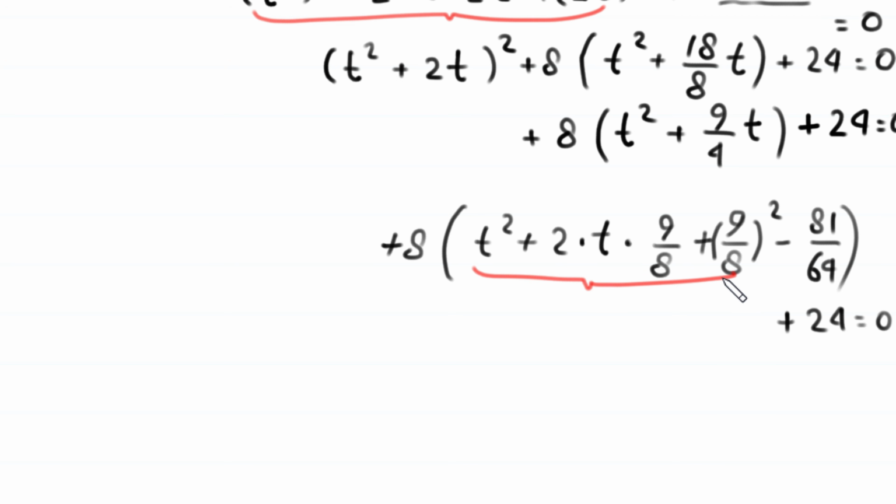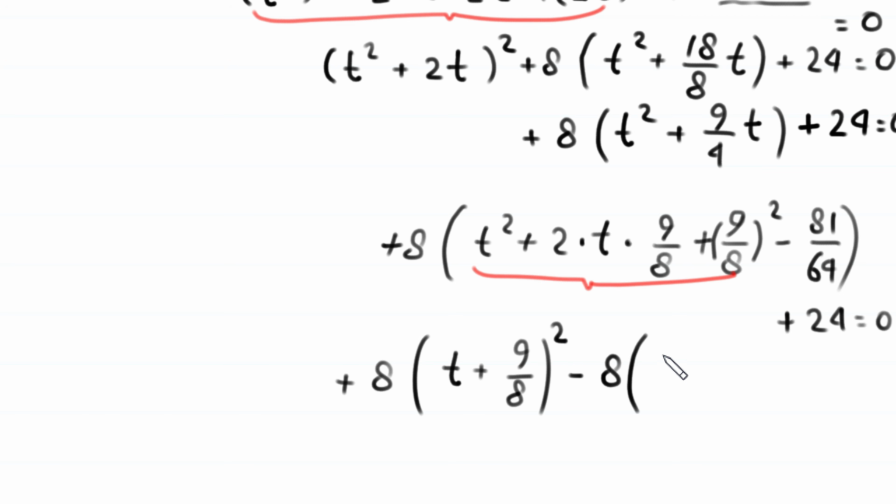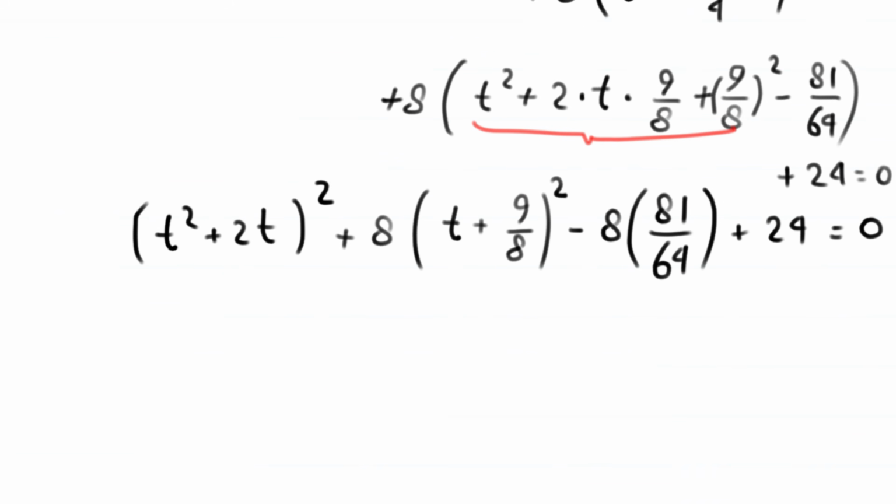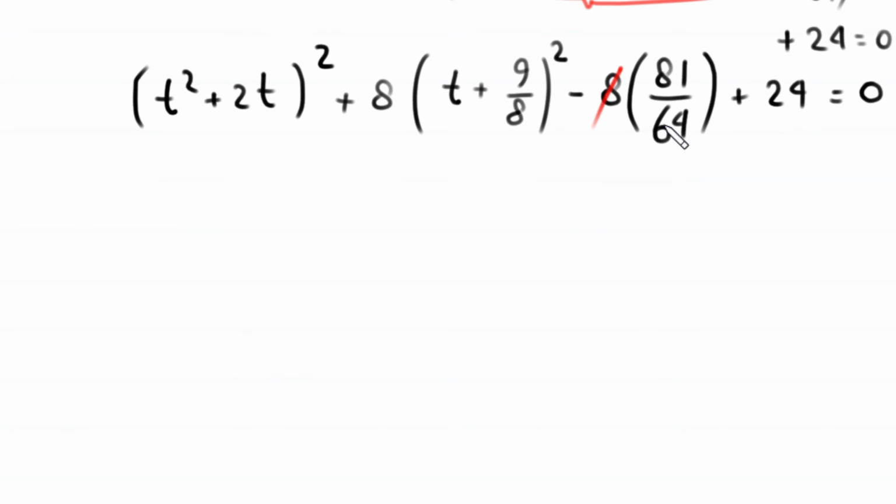This will become plus 8 times t plus 9 over 8 whole squared, and negative 8 times 81 over 64 plus 24 equal to 0, and this is t squared plus 2 times t whole squared. Now this 8 one time and 8 times 64.